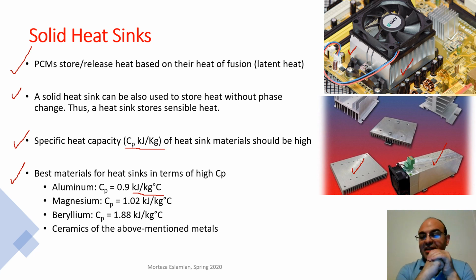For a space application, it may be worth using beryllium because in some cases mass is an important factor. Also, ceramics of the above mentioned metals do have a high specific heat capacity as well.